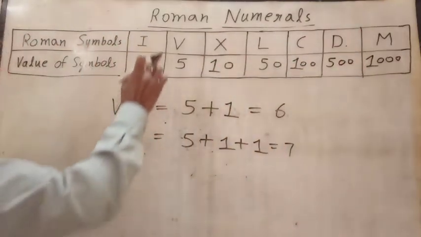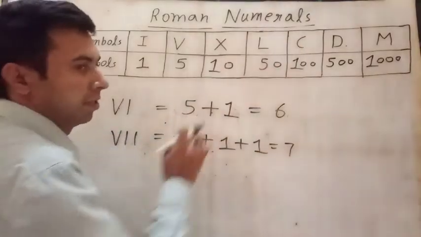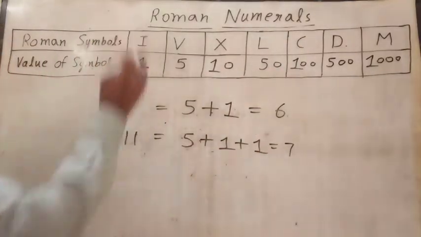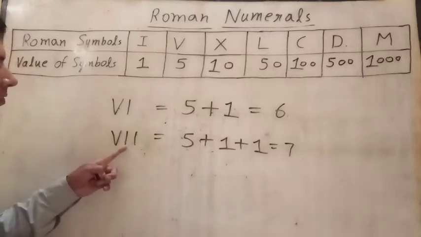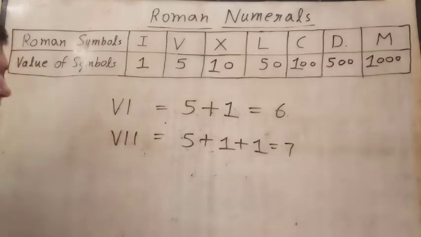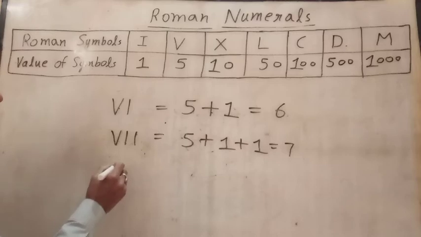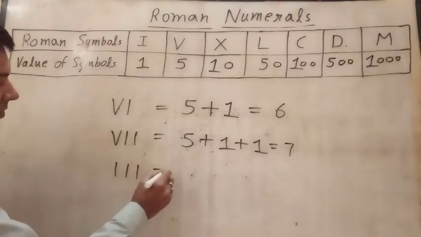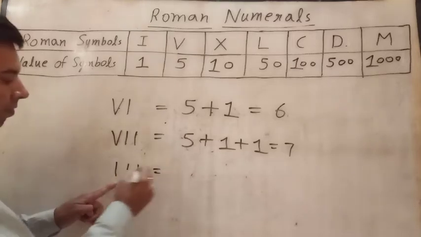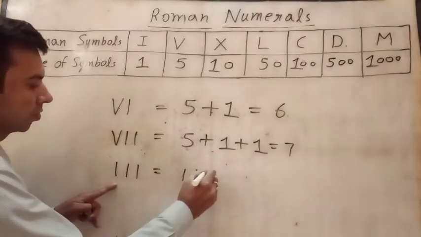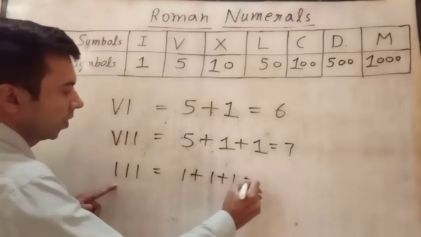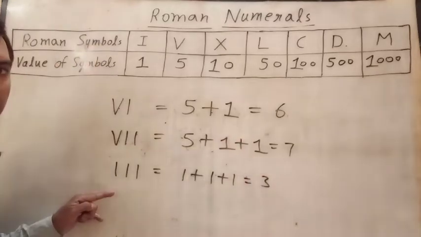We cannot repeat V, L and D. We can repeat 3 times. See, here I have repeated I 3 times. What do we do? We add 1 plus 1 plus 1. What is the value? 3.